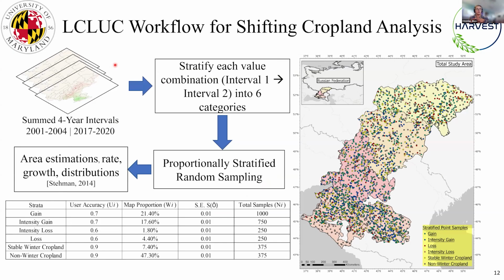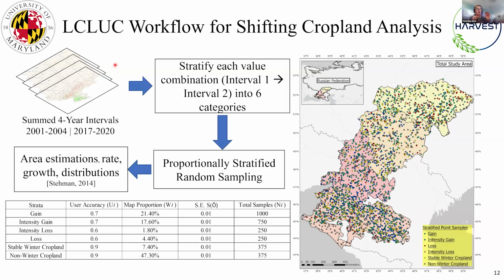And this is the land cover land use change portion of this talk. And so we stacked those years, and if they had winter cropland for a pixel, then we would mark it: if it had it for 2 years, that pixel would contain a two. If it had it for 3 years, a three. And we did that for both intervals. We then stacked it all together, and we threw points based off of that, both how that winter cropland area changed.